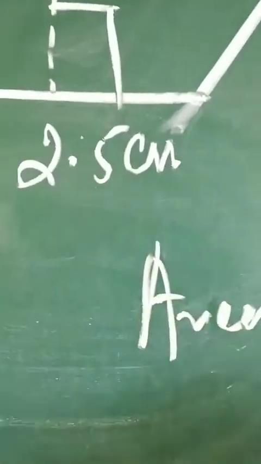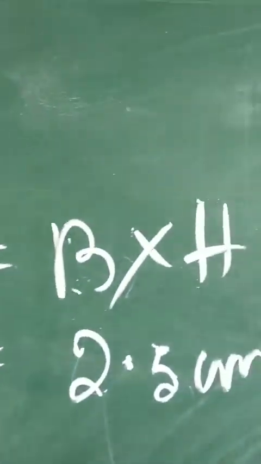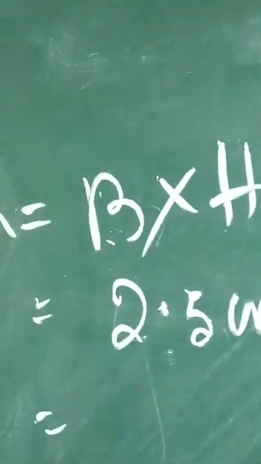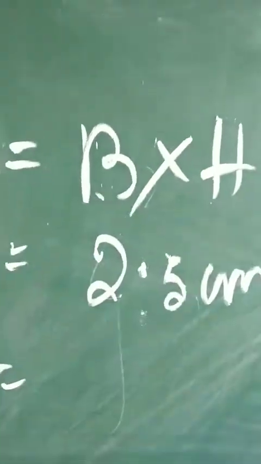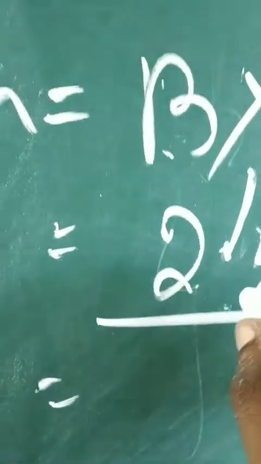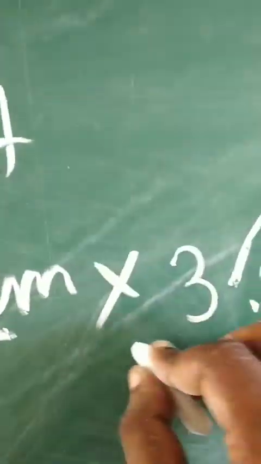So naturally the measure of the base is 2.5 centimeter and the height is 3.5 centimeter. So 2.5 and 3.5. I can apply the multiplication process for decimals. I'm just removing this point and I'm supposed to divide by 10 afterwards.